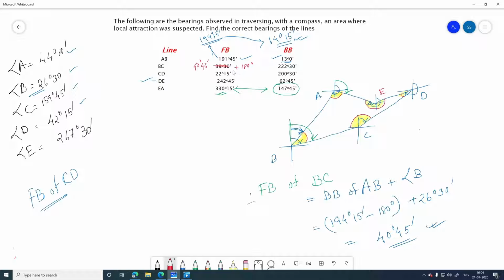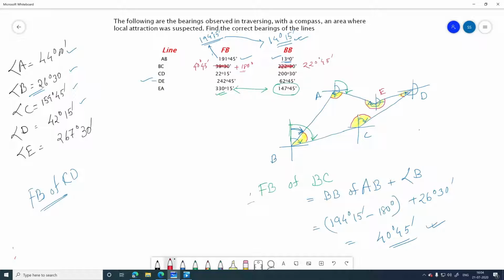If you add this, that will become 220 degree 45 minutes. So this is the correct back bearing value of the line BC. Because if you take the difference between 220 degree 45 minutes and 40 degree 45 minutes, that will be exactly equal to 180 degree.